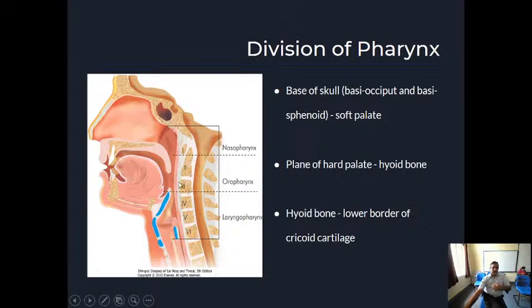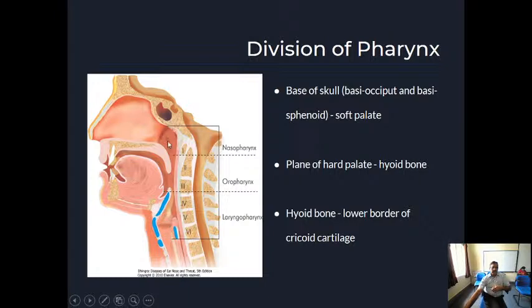Anteriorly it opens into the oral cavity. The third one is the laryngopharynx, which starts at the imaginary line at the level of the epiglottis and extends to the cricopharyngeal sphincter. That is the laryngopharynx, into which the larynx opens anteriorly.